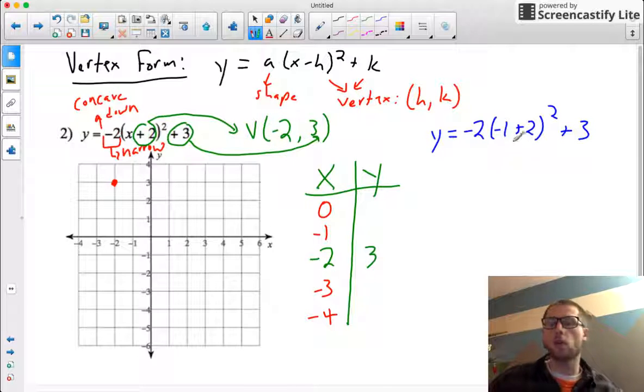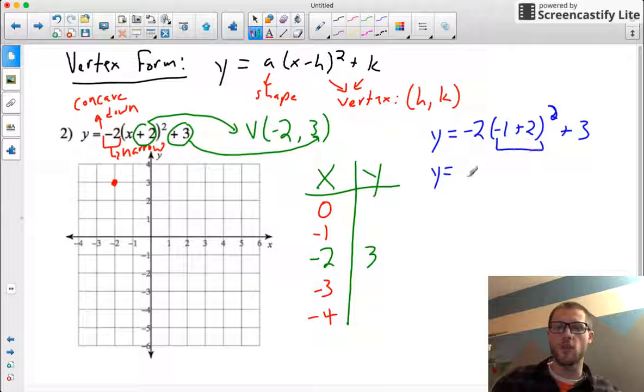All right, and what's important here is I need to follow the order of operations. I can't multiply this -2 or distribute it in there or anything like that because I have an exponent acting on this entire set of parentheses. So I got to make sure that I take care of all this stuff first. So we're going to take care of the parentheses first. And I'm going to get a -2 times, this comes out to be a 1, squared plus 3.